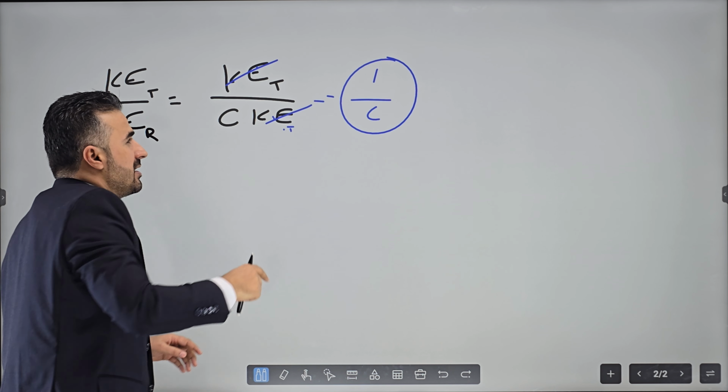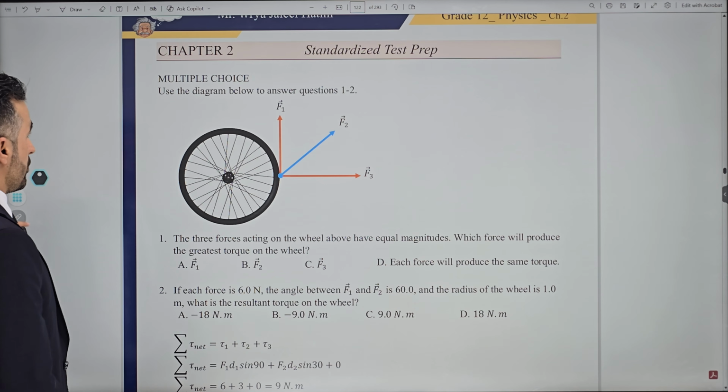These are the section review. Perhaps maybe I should have left this one for another session, but okay, since we did it. Standardized test preparation. There's one more question. Let me go through these questions real quick.